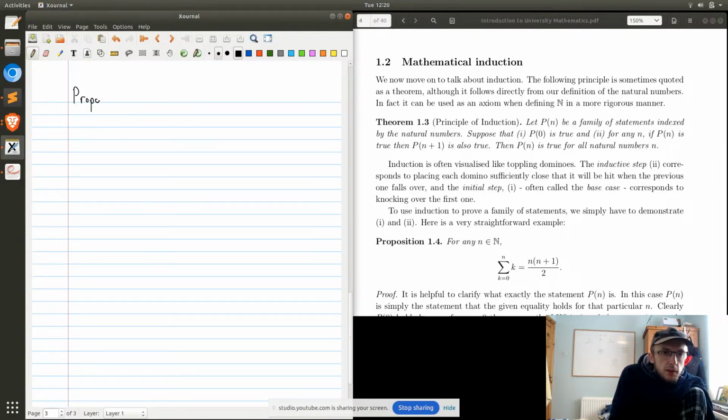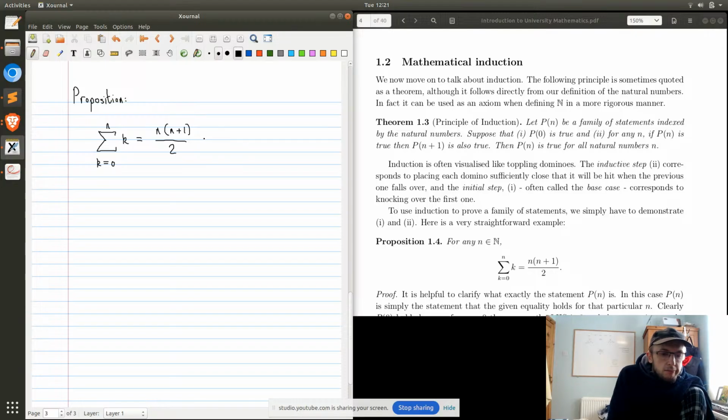Okay, so first you state your proposition, and what actually is the proposition? That if you add up the natural numbers from 0 to n, then this is exactly equal to that.